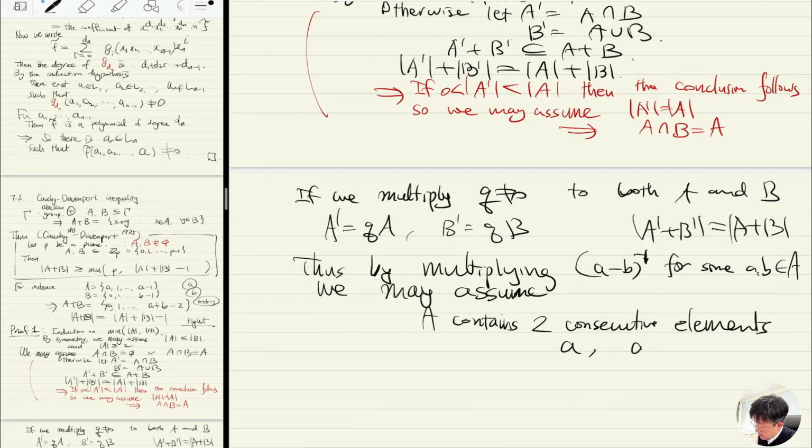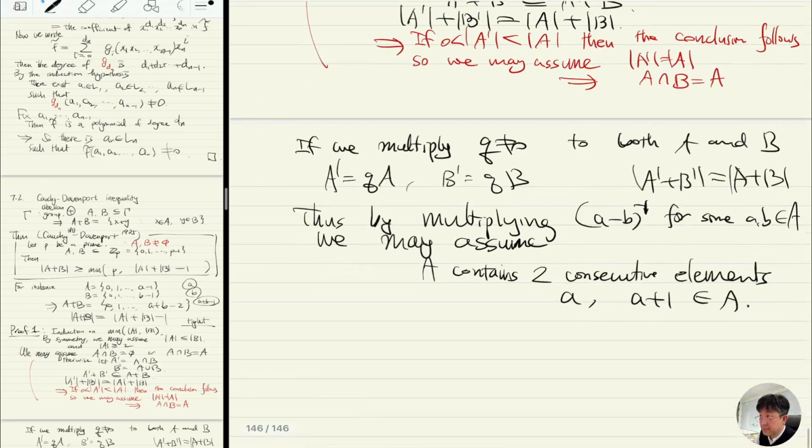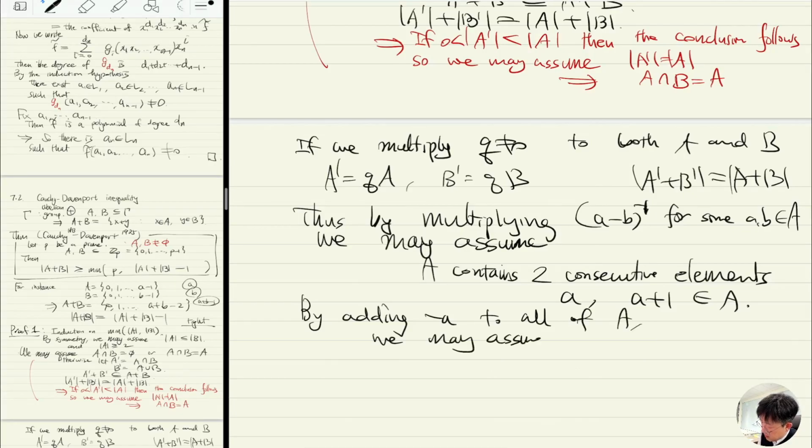Let's say A and A plus 1. And then by adding minus A to all of A, we may assume 0 and 1 are in A.